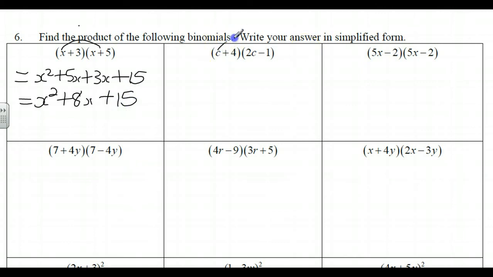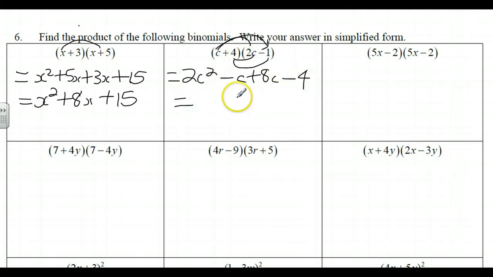Okay, let's keep going. So first, c times 2c equals 2c squared. C times negative 1 is minus 1c. We don't write a number when it's just a 1. So that's the outer. Inner, 4 times 2c is plus 8c. And last, 4 times negative 1 is minus 4.